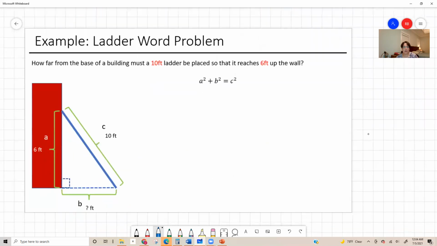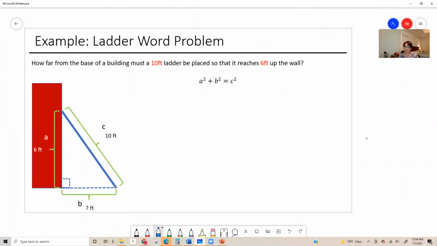The last one, you have a few word problems, which these are meant to challenge you the most. You only get this word problem, that's your question. The key to this is knowing a couple of different things. 1, draw a picture. And then 2, you have to know this formula.